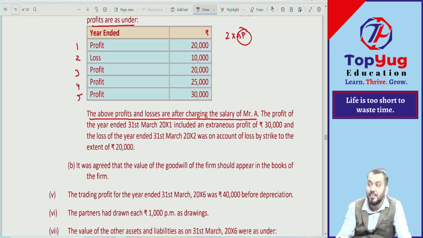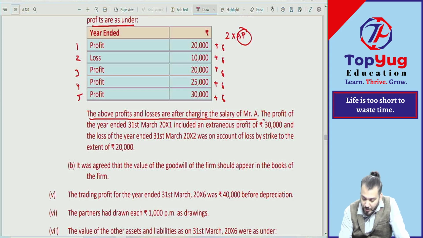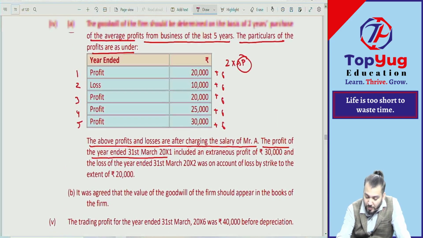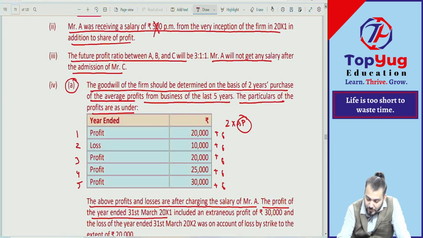So 500 into 12, how much? 6,000. So we'll add back 6,000, 6,000, 6,000, 6,000 and 6,000. Then the profit for the year ended 31st March 2001. Which year is this? The year is not given.